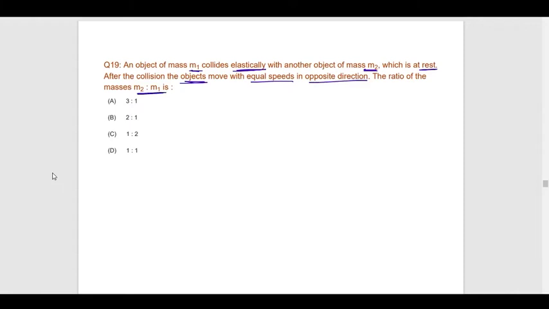So, in order to find out the answer, here we have to obviously conserve the momentum. There are two equations: conservation of momentum and the equation of coefficient of restitution. Okay, so let's say that initially m1 mass is moving with speed u, m2 mass initially was at rest, and after the collision they are moving with speed v in opposite direction.